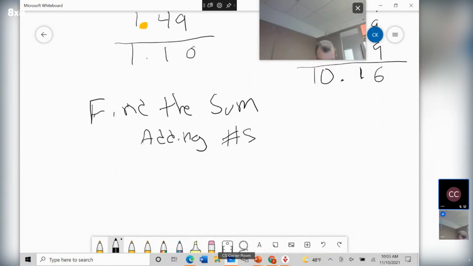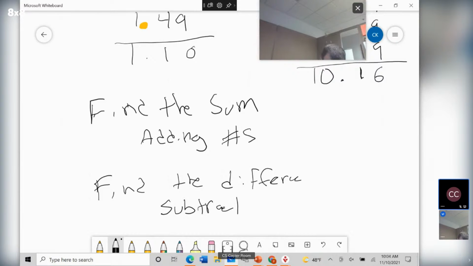Okay. And the next one we just talked about says find the difference. That's going to be subtracting numbers. So we have sum is adding, difference is subtracting.